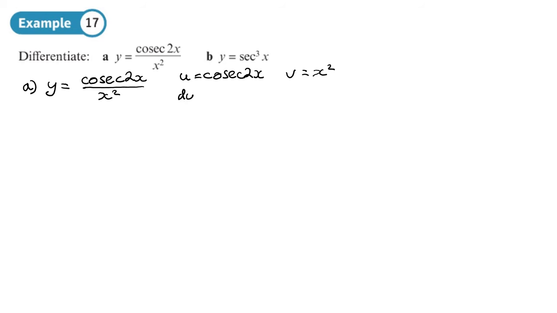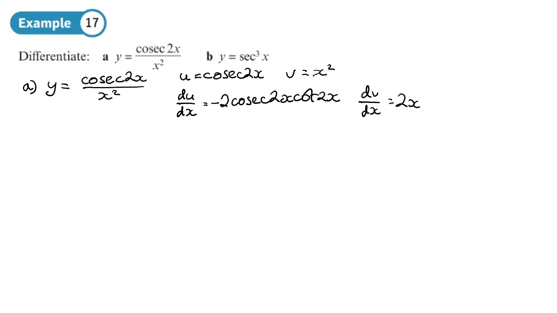So du dx, this is that funny one that's got 2 bits to it. This is going to become minus 2 cosec 2x cot 2x. So both of those bits appear when you do du dx in this one, and then dv dx, that's just going to be 2x.